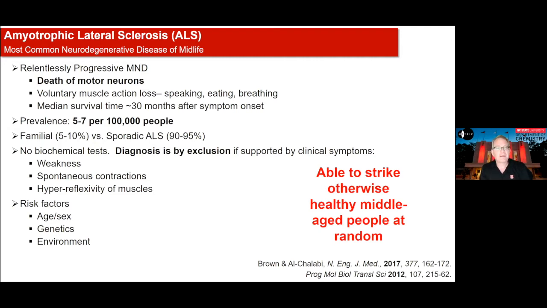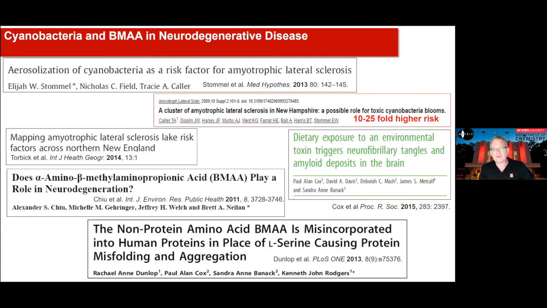There have been hypotheses mulling around for 40 years now, dating back to the study in Guam, and these are just a collection of papers that all use non-specific methods for detecting a neurotoxin that's produced by cyanobacteria, called BMAA.